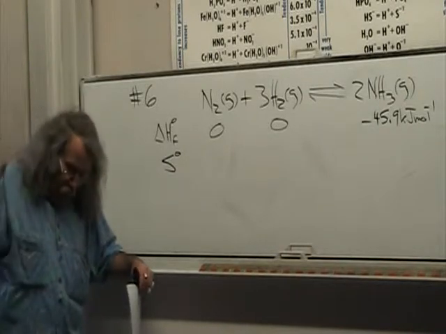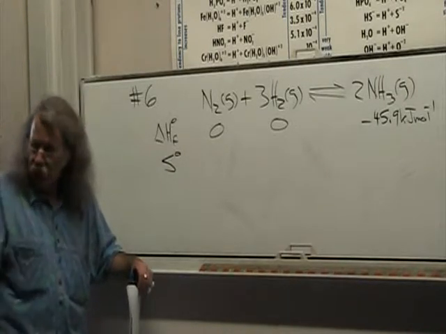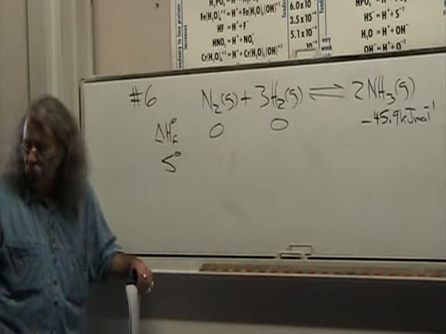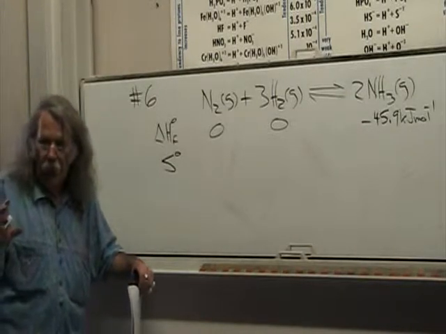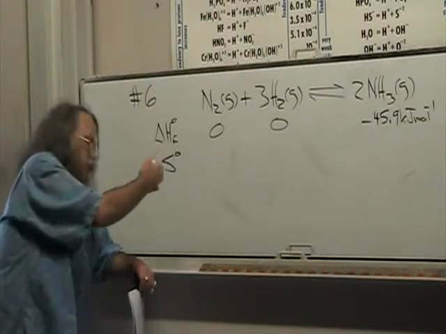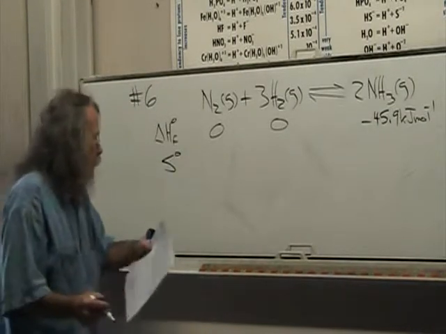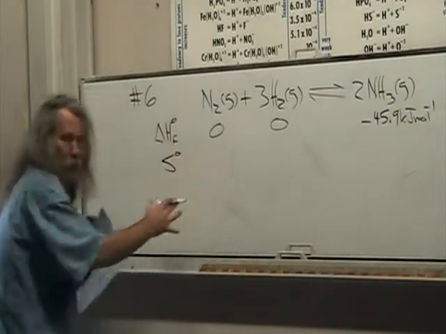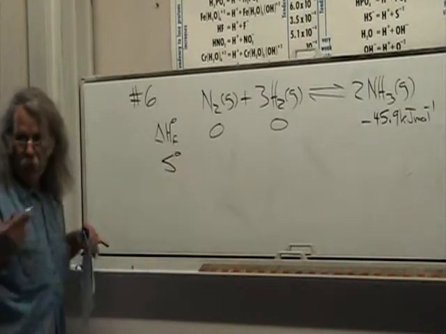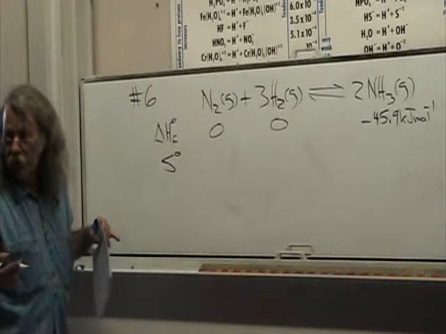So for every perfect crystal at 0 Kelvin, there is 0 entropy. That means that at temperatures above that, we have a non-zero entropy. And so there is no 0 entries in the entropy. The standard thermodynamic tables are all at 25 degrees Celsius.